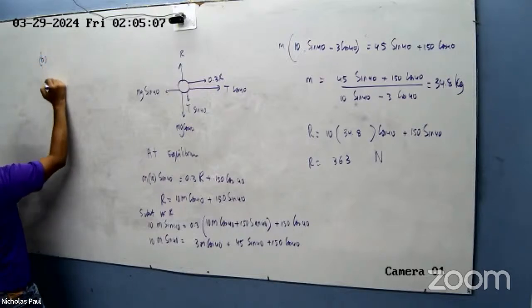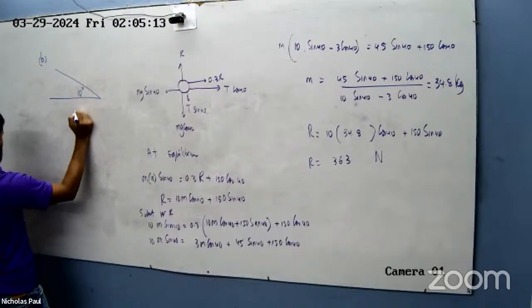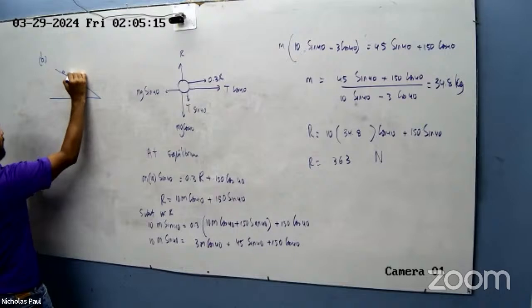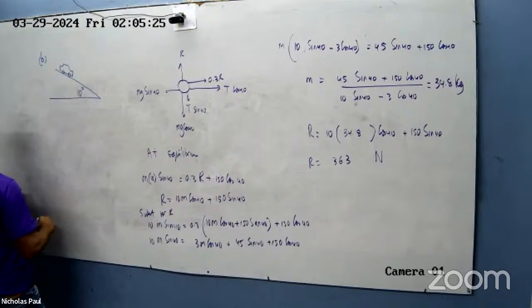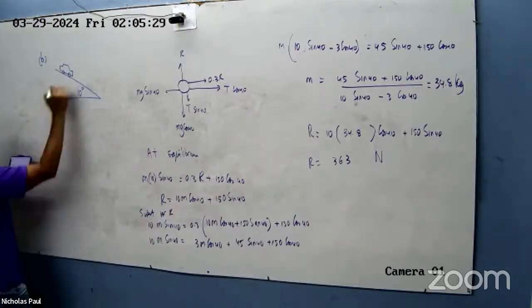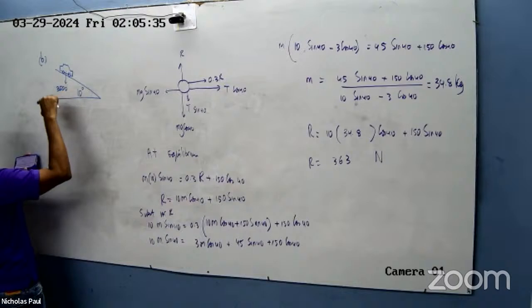I see here that the part B, they give you a 3,500 kilogram automobile.